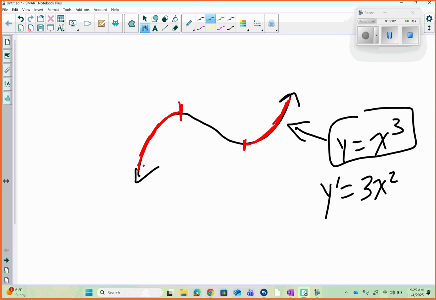And then what is taking place with this green part? Hopefully you can see the difference between green and red. If not, I'll change color for you. What's taking place there? It's decreasing.